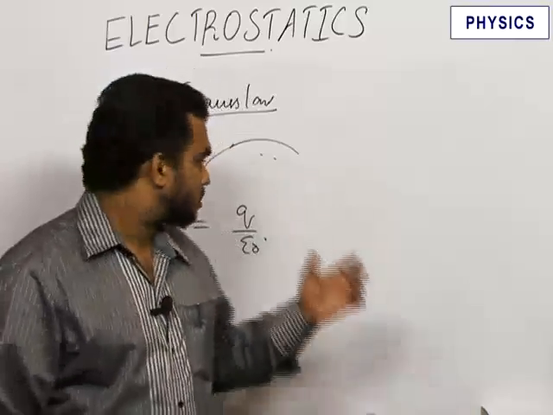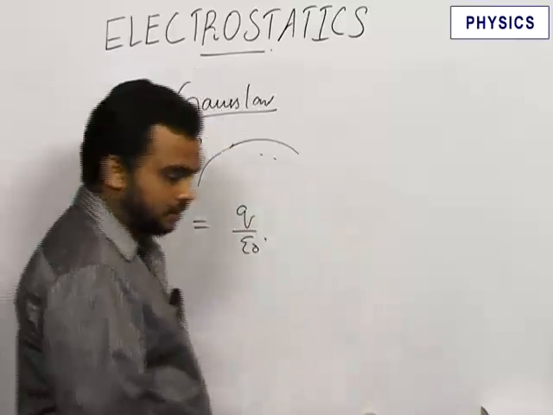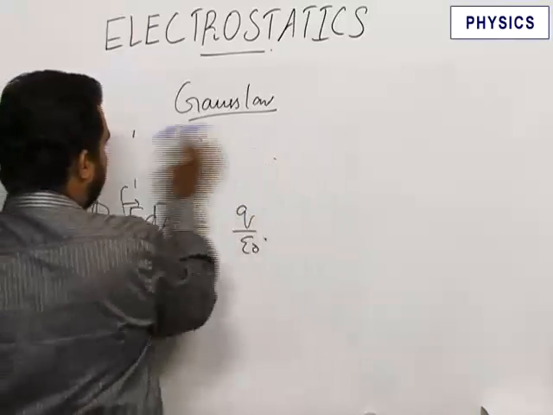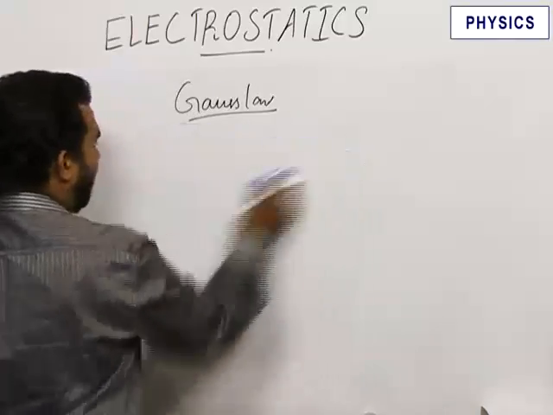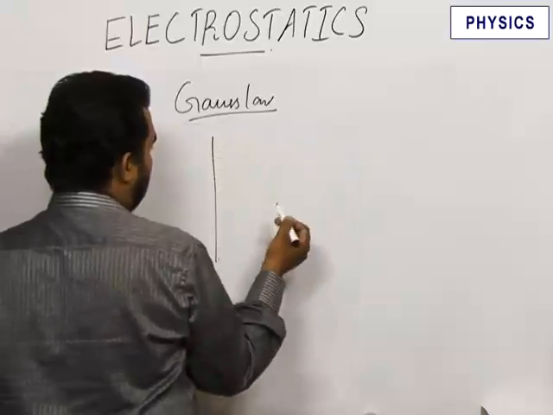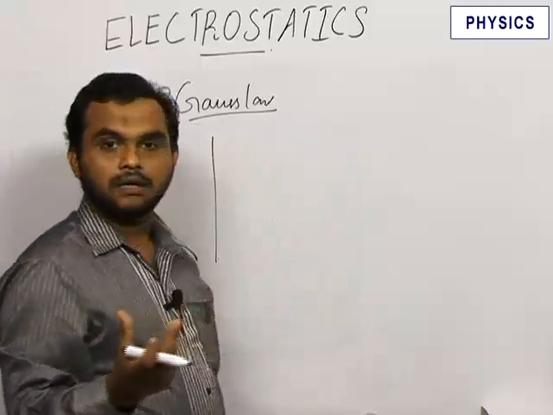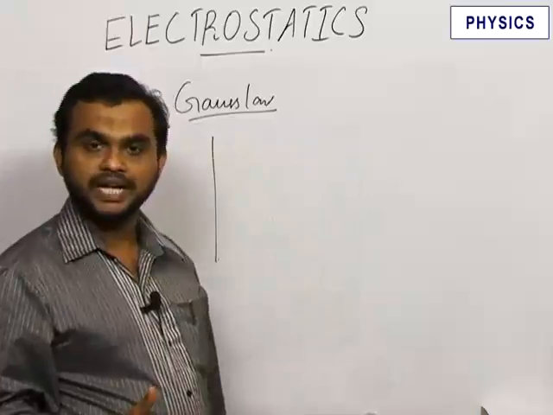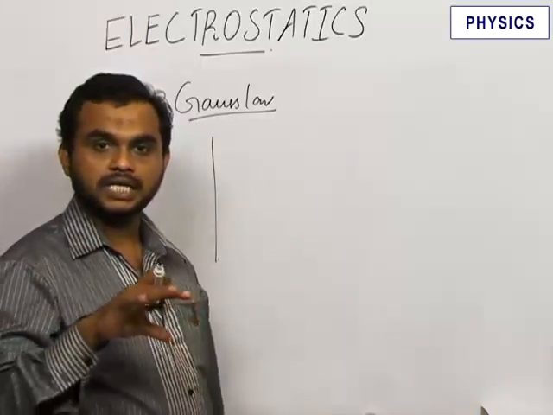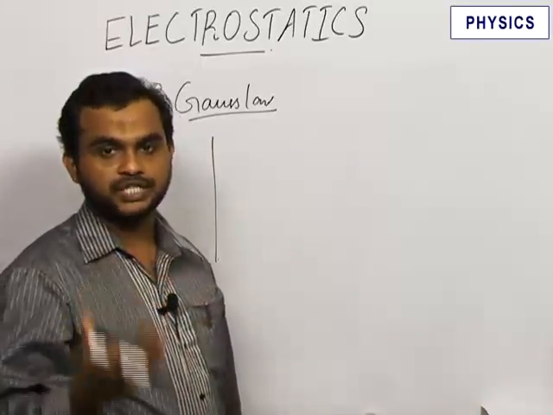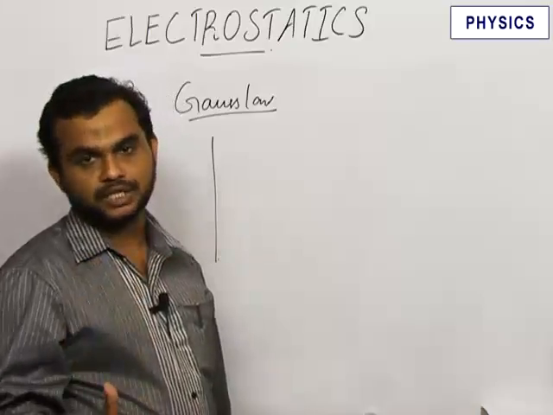And by this method we can find the electric field due to a line charge, or a plate or plane sheet of charge, or a charged spherical shell or a charged sphere.